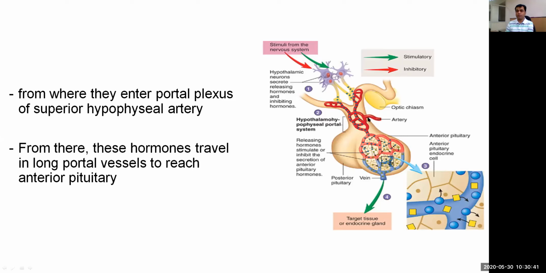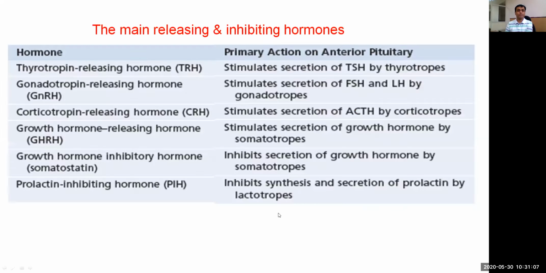This is the superior hypophyseal artery, and this is the portal plexus, which together are called the hypothalamo-hypophyseal portal system. From there, these hormones travel in long portal vessels to reach the anterior pituitary gland, and depending on the releasing or inhibitory hormone being secreted, the anterior pituitary hormone secretion increases or decreases accordingly.